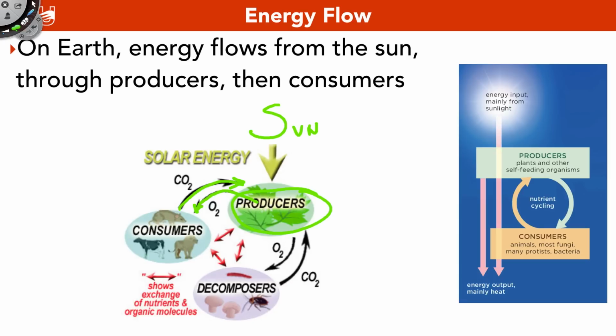Okay, so what happens there? Well, the cow that you get that steak from, the cow is going to eat the grass. Okay, as it eats the grass, it will then convert some of that energy into muscle and ultimately that protein, and then to muscle, and that's what steak is. So that cow will be a consumer. And then we will consume that consumer.